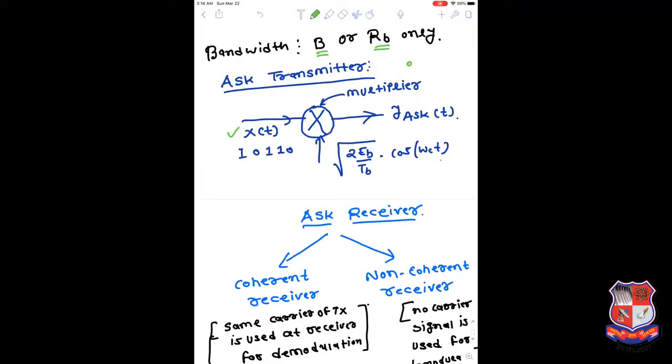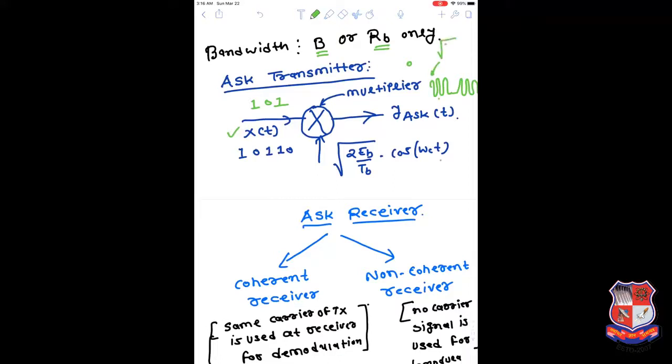So if we are applying 1 at the input, at this point we have a carrier signal, simply known as square root of 2 EB by TB cos omega Ct. And if the next bit is a 0, there would be a 0. Again if there is a 1, there is again a carrier signal with square root of 2 EB by TB cos omega Ct.